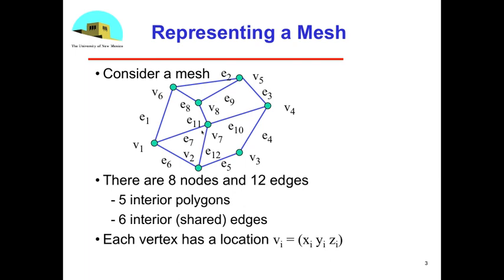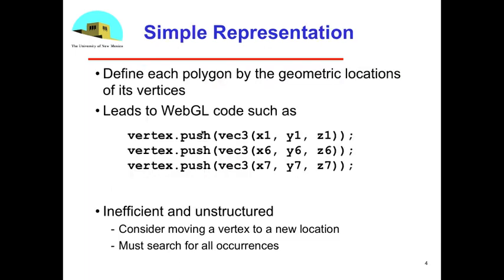I'm pushing these onto an array, which then I'll eventually send out to the GPU to display, and every time I push something on, I'm increasing the length by 1, so I know in the end how many vertices I want to display.